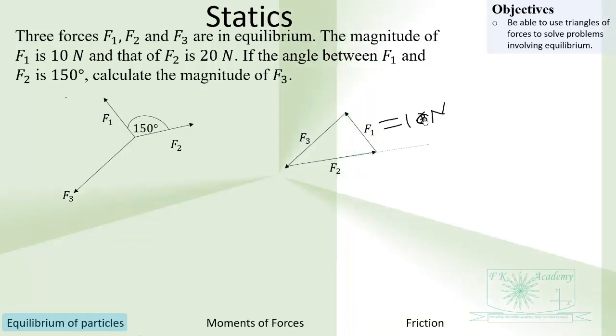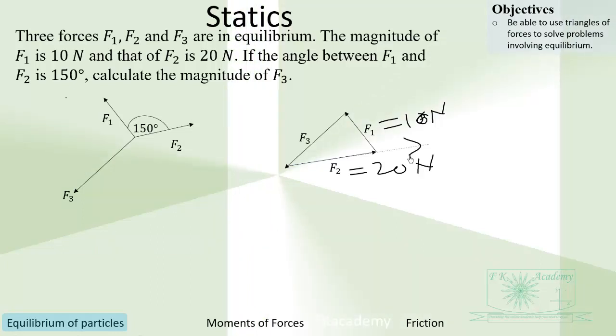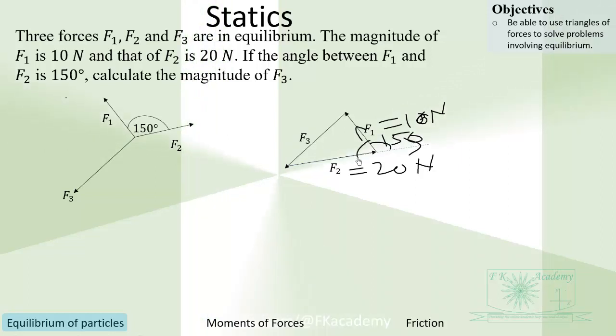Then we can see F2, which is 20 newtons. So the angle between the forces F1 and F2 is 150. So when you extend the force F2, you can see it, and this is F1. And the angle between them is 150. So that means the acute angle here will be 30 degrees.